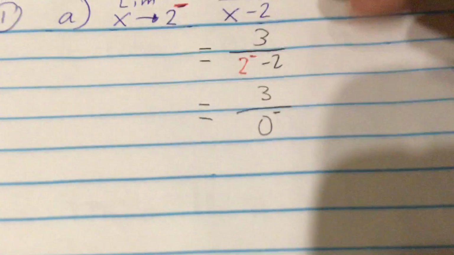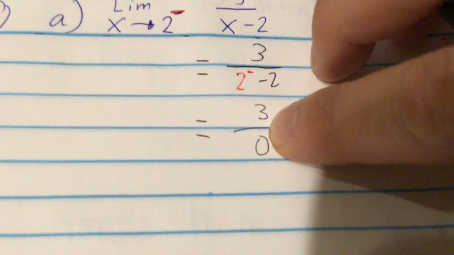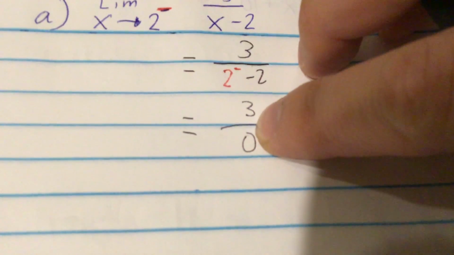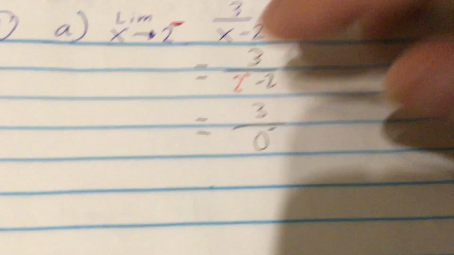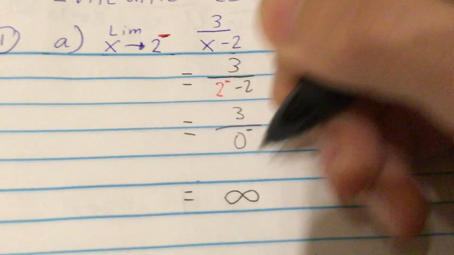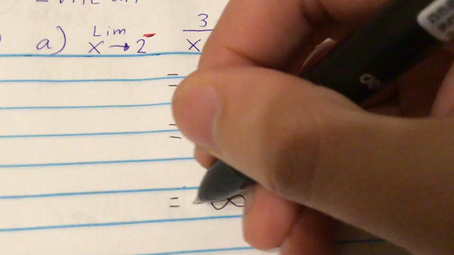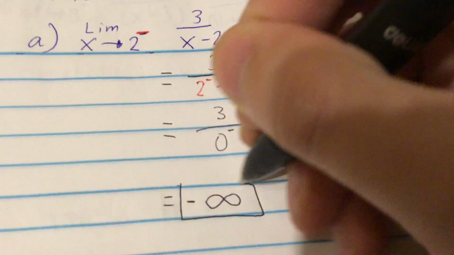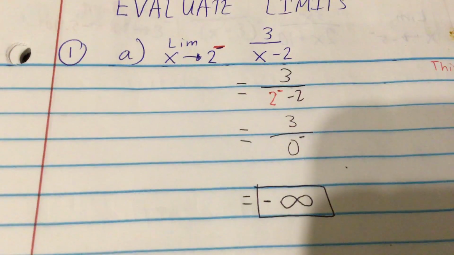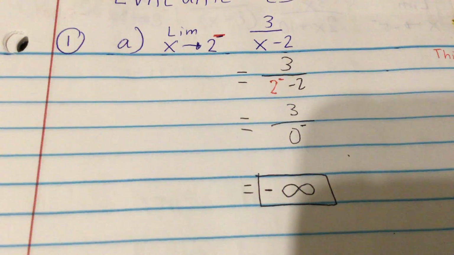So 3 over 0, right, I'm just going to clear that up. There's a theory in calculus that says 3 divided by 0, even though it's algebraically impossible, is infinity. But if this is positive divided by negative, that has to be negative. So the left-hand limit as x approaches 2 is y wanting to go to negative infinity.